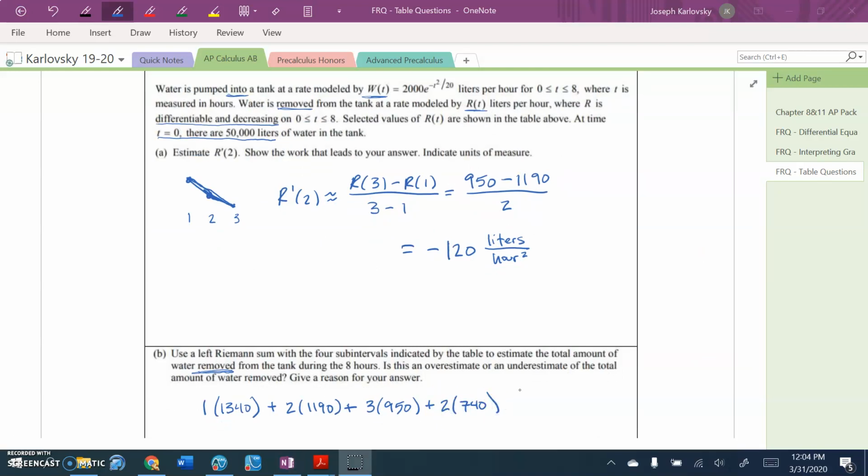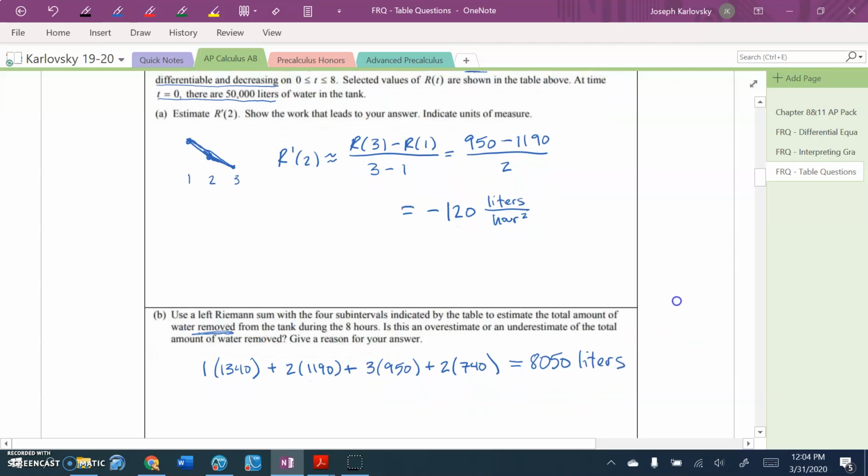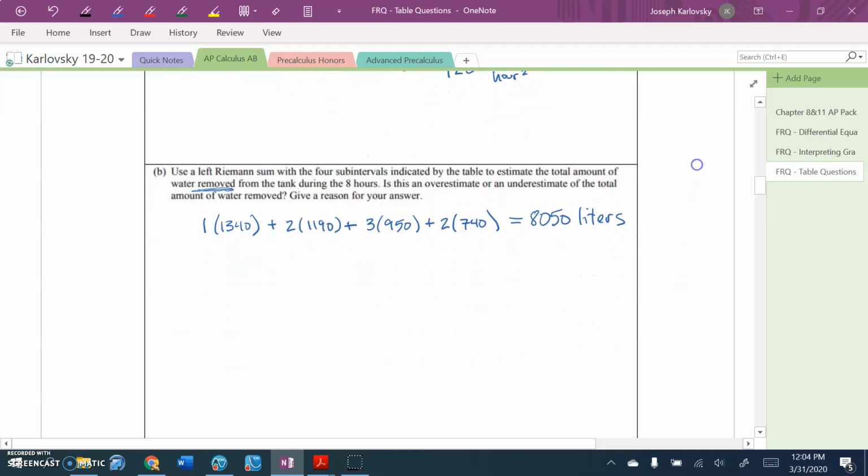We go to our calculator and we get that this is 8,050 liters.